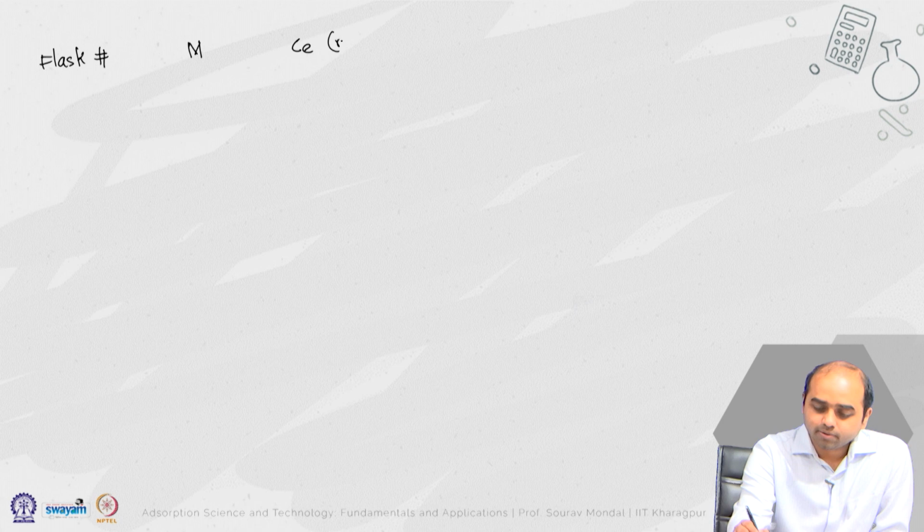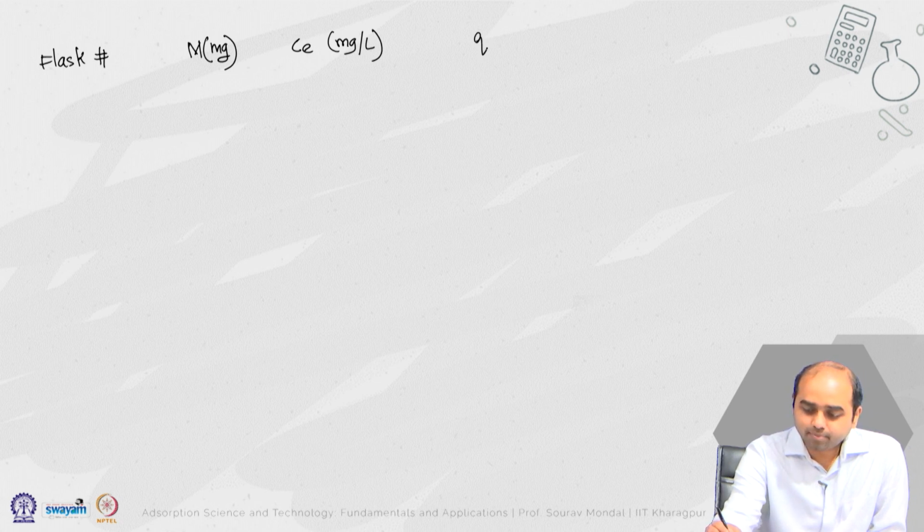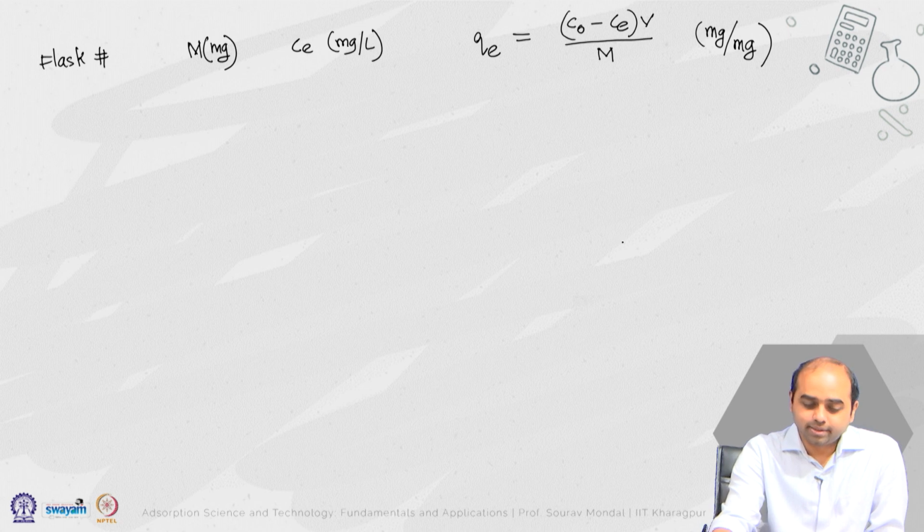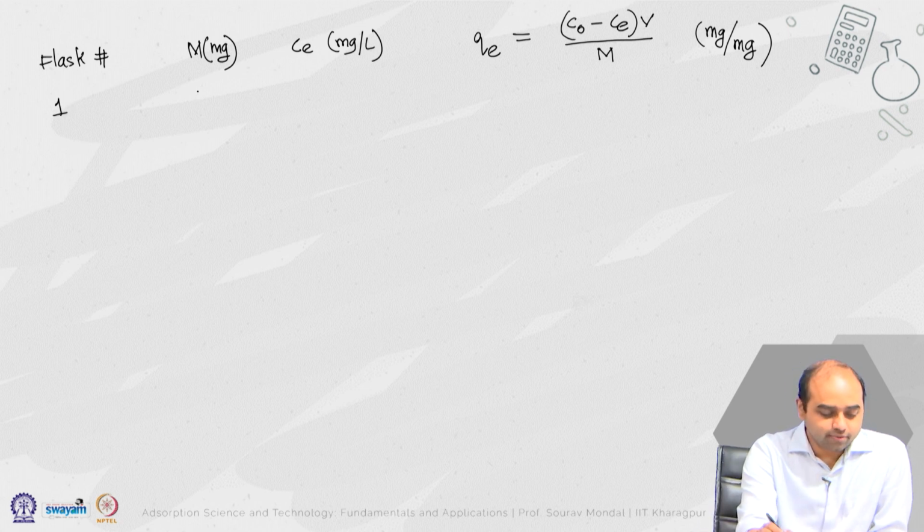We write the Ce values, the amount of adsorbent added, and then the value of Qe, which is nothing but C0 minus Ce into V divided by the amount of the adsorbent, in milligram per milligram of adsorbent. For flask 1, around 800 milligrams of activated carbon was used, and the equilibrium concentration is 4.7.